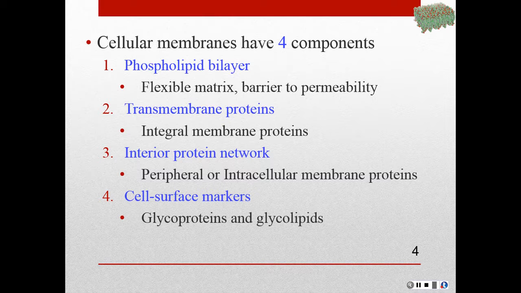Others are held in place by non-covalent interactions and are disrupted by gently shaking or even a change in the pH. Their function basically is to help with transport and communication across the membrane. Many integral membrane proteins are not fixed in place, and they can move about just as the phospholipid molecules do.